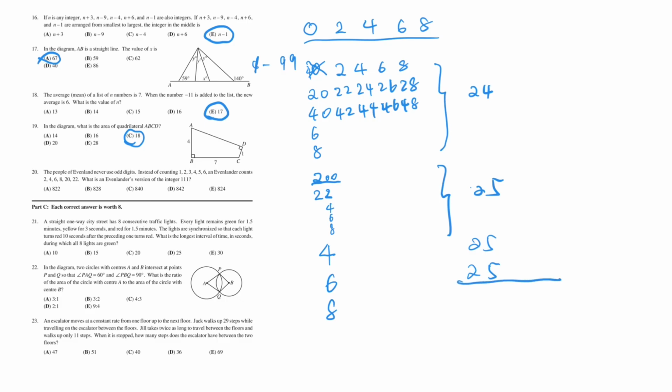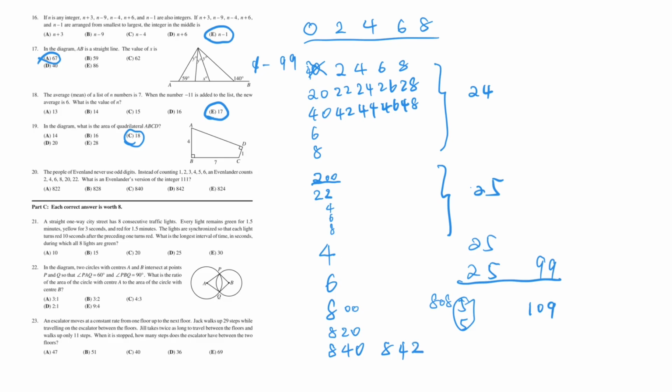And all this together, that's 99. Then 800 to 808, that's 5, and 820, so another 5. Now it's 10, that's 109. Two more numbers, so that's 840, that's 110.